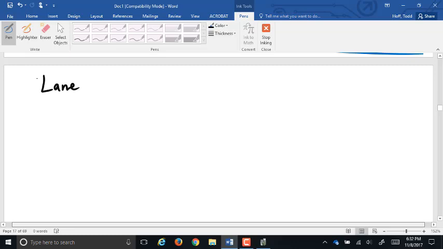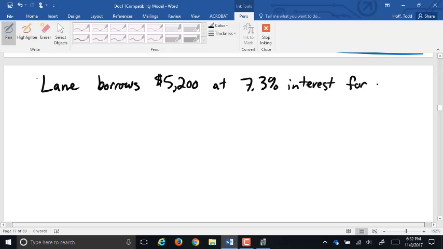Lane borrows $5,200 at 7.3% interest for 8 months. Find the exact interest.